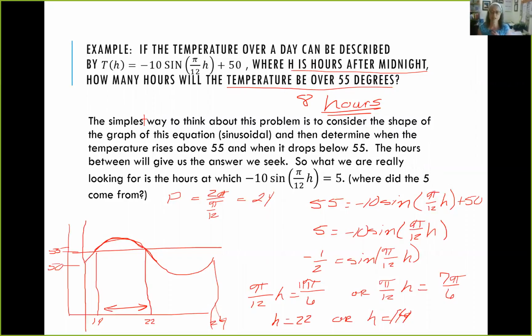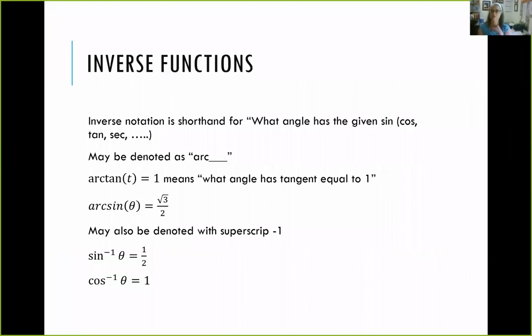What we are doing here without saying it is using the inverse functions. The inverse function is shorthand notation for what angle has sine, cosine, tangent, whatever we're looking for, greater than, equal to, whatever we said.